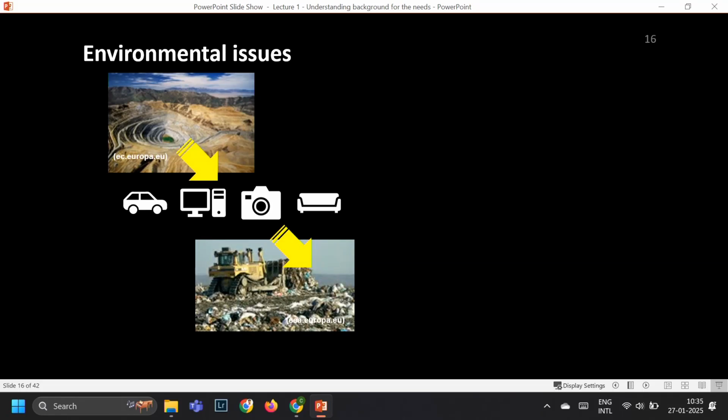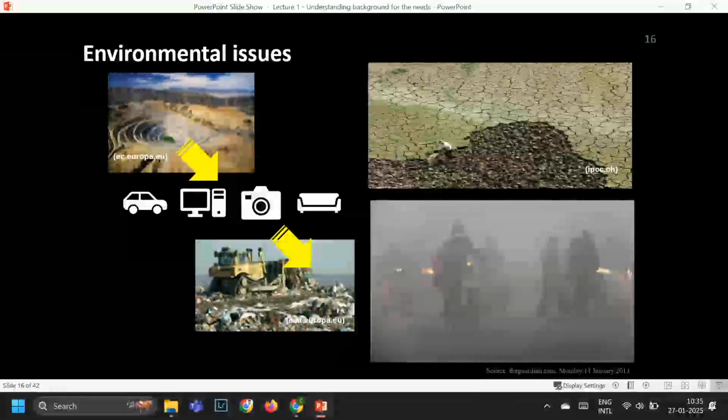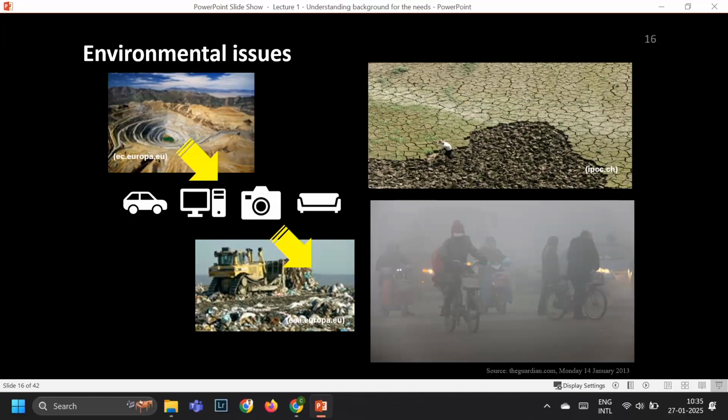And when the products are used and reach the end of their life, many of them are landfilled. These two aspects both create environmental problems. And as a consequence, we see different pollutions and also, for example, water accessibility issues.